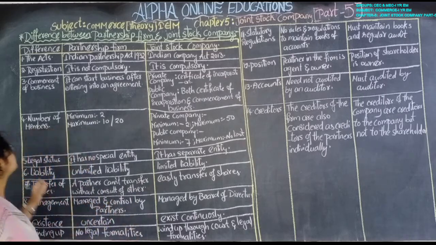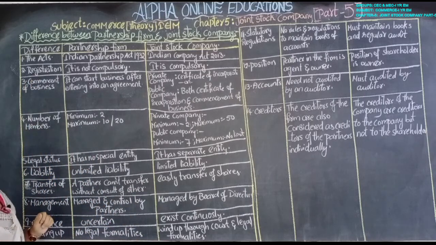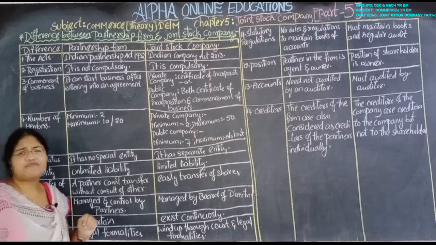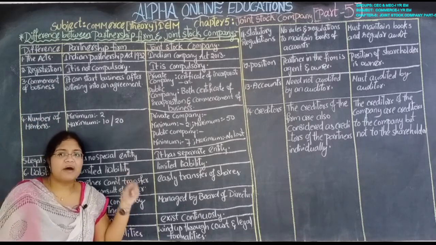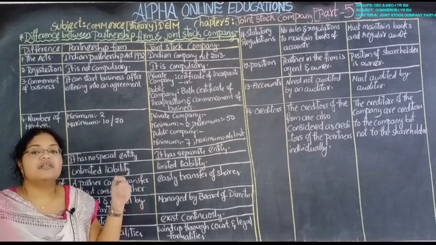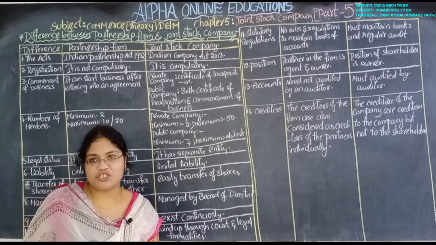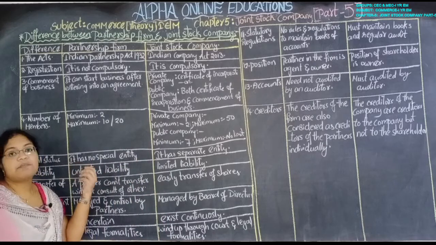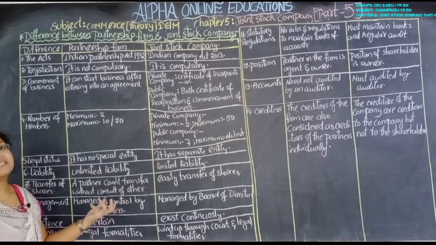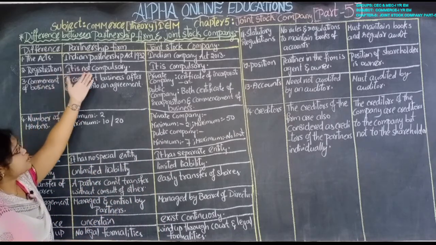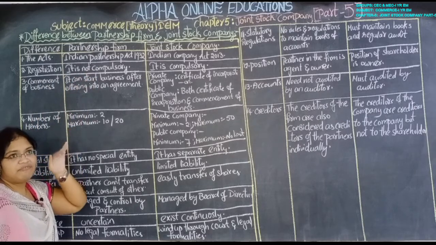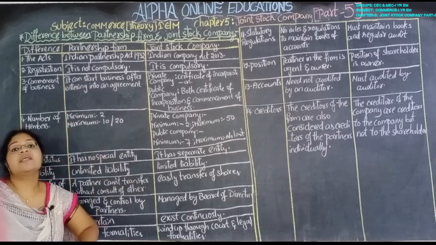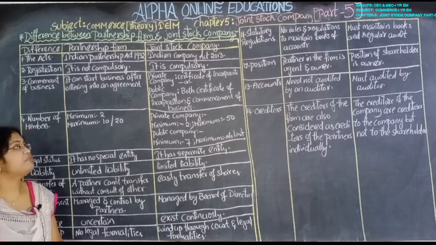Next, registration. Registration of a partnership firm is not necessary, but if they register, they will enjoy certain privileges, means certain advantages, and also certain security. So registration is not compulsory, but if they want to enjoy certain advantages, they have to get registered.